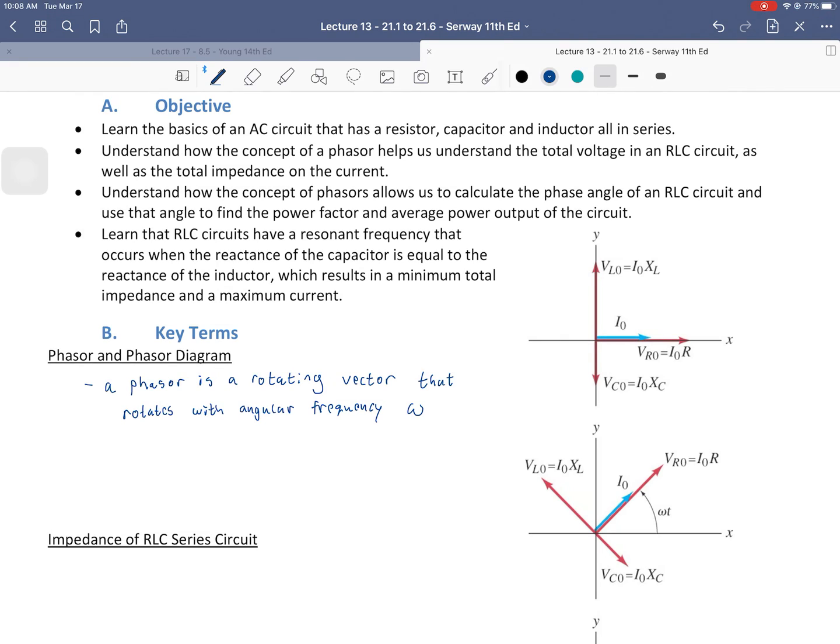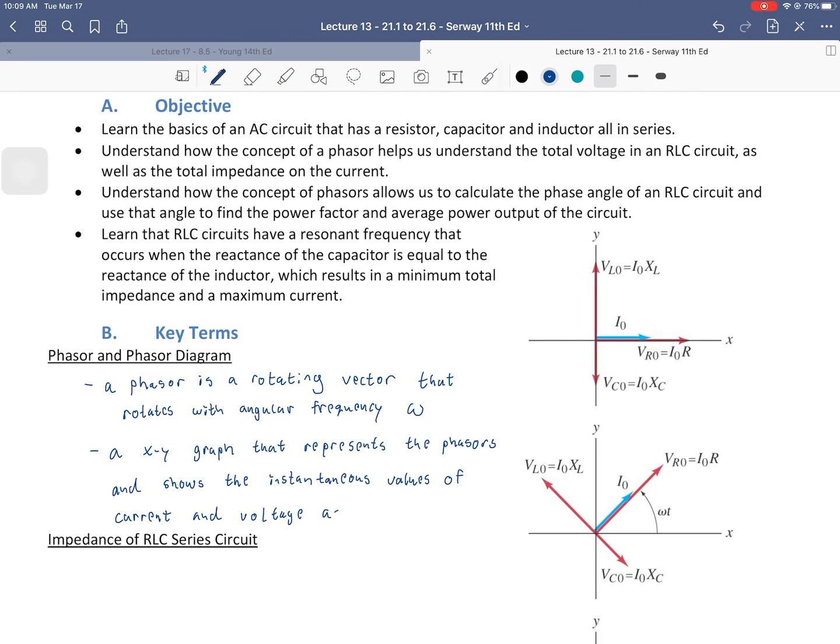A phasor diagram is an XY graph that represents the phasors, those rotating vectors, and shows the instantaneous values of current and voltage as projections onto the x-axis.